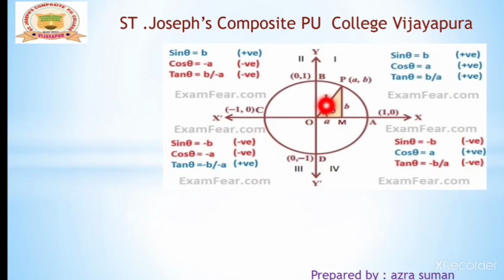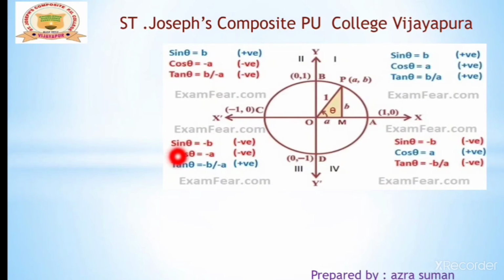When OP is rotated and comes to the third quadrant, our x coordinate is negative and y coordinate is also negative, that is A is negative and B is also negative.